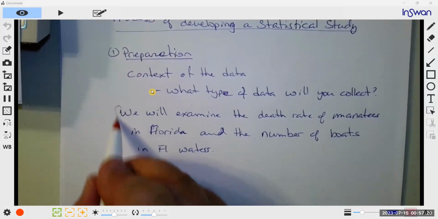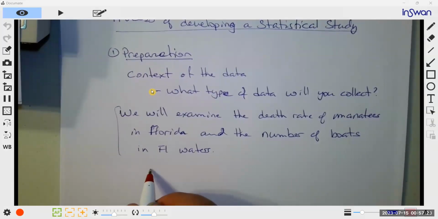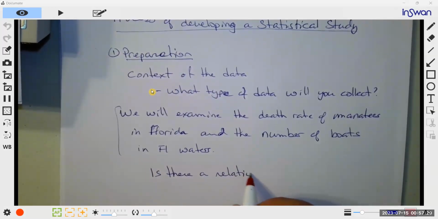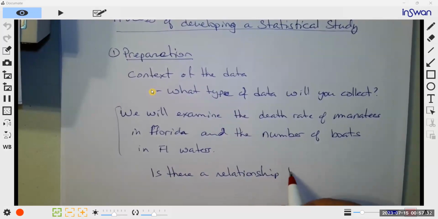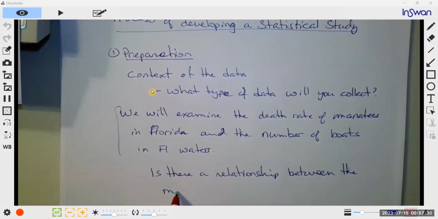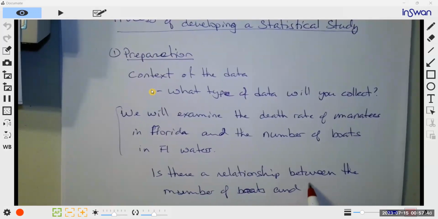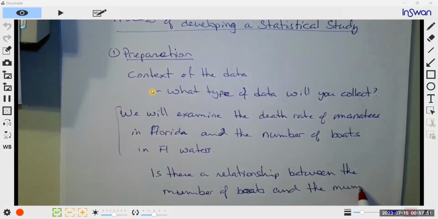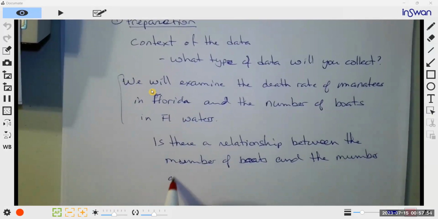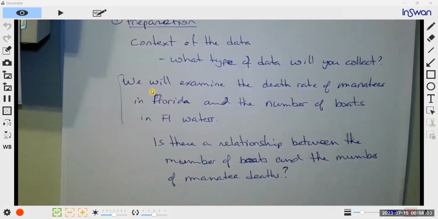Basically, what we're looking for here is, is there a relationship between the number of boats and the number of manatee deaths? That's what we're looking for.